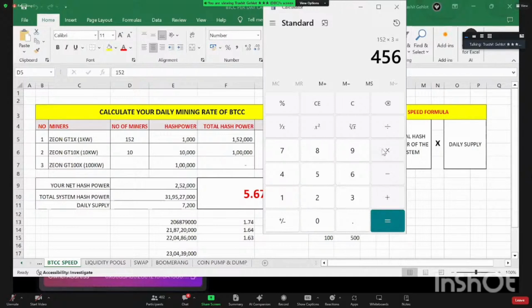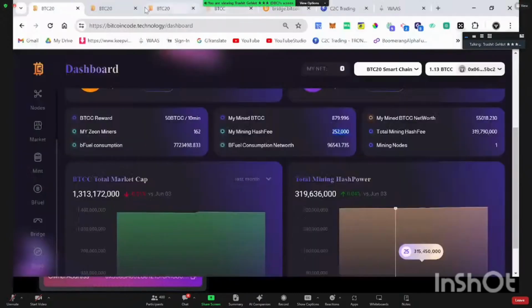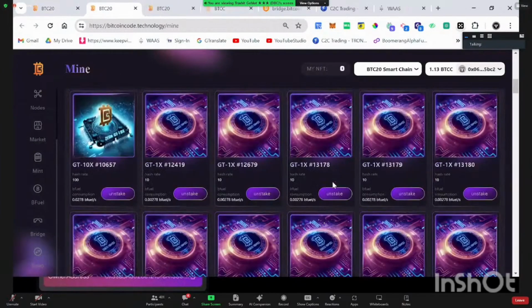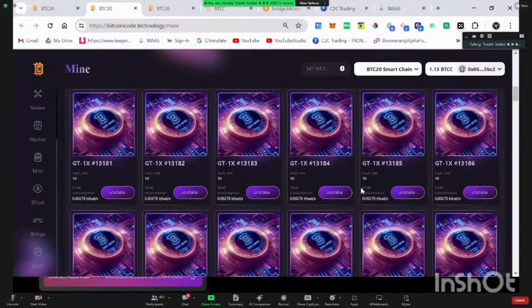And then 10 $500 NFTs at $30 each, so that's 300. So I am almost being charged $756 every day because of these surplus NFTs I am having. Can you imagine? $756 every day. This is the cost of mining.